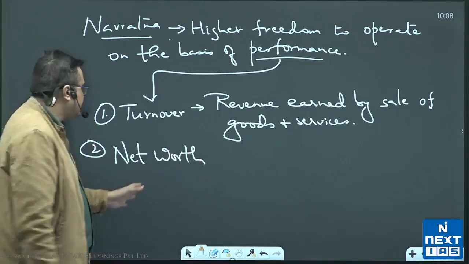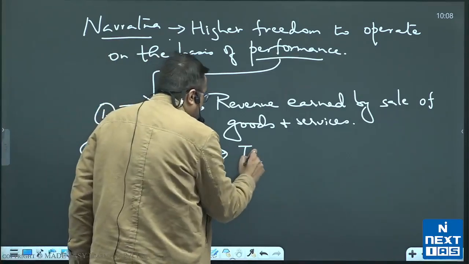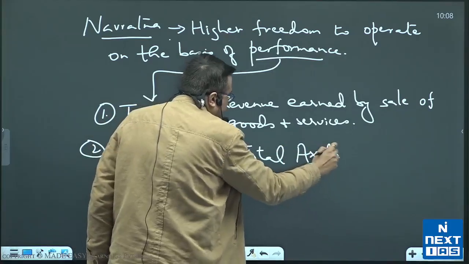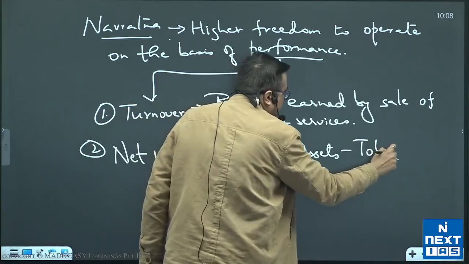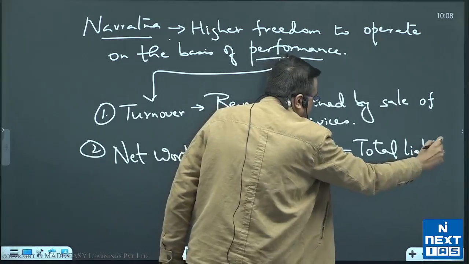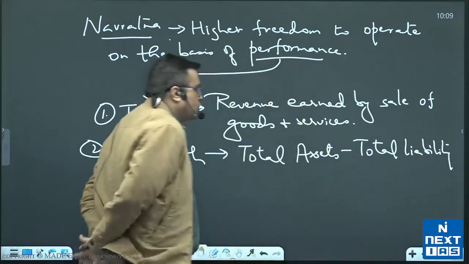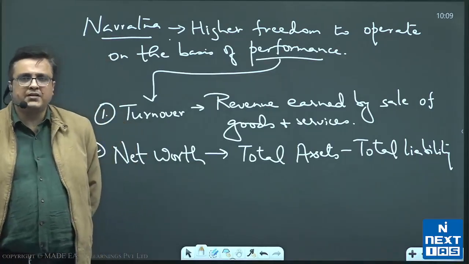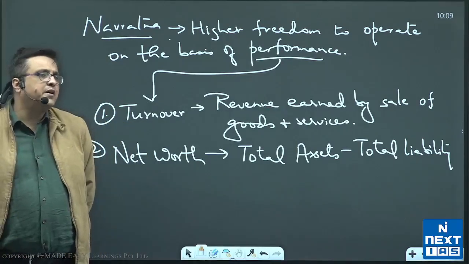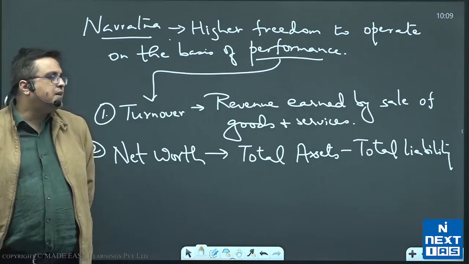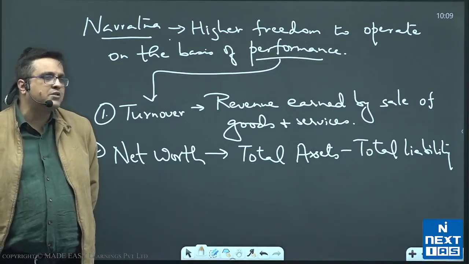So net worth means total assets minus total liability. Total assets means everything that creates value for you, and liabilities are all your obligations to others.